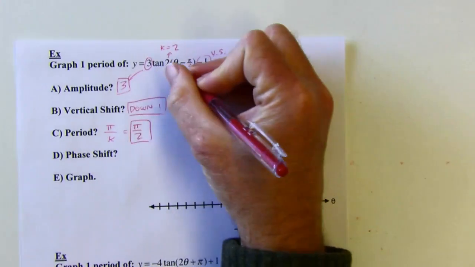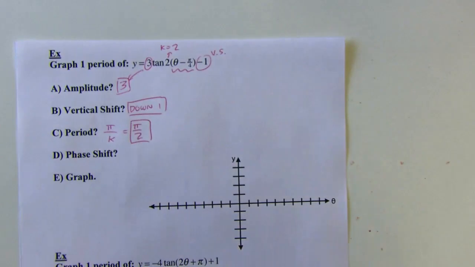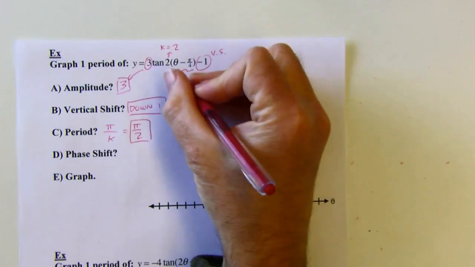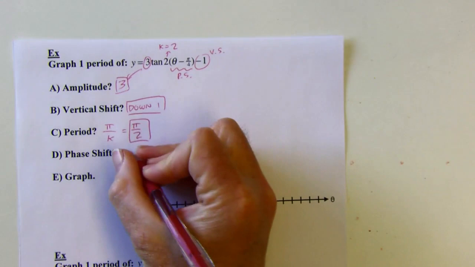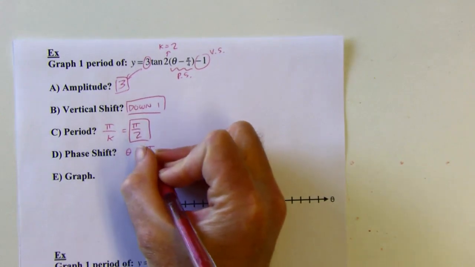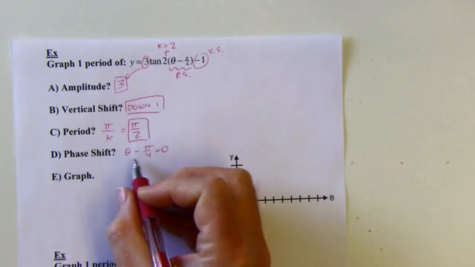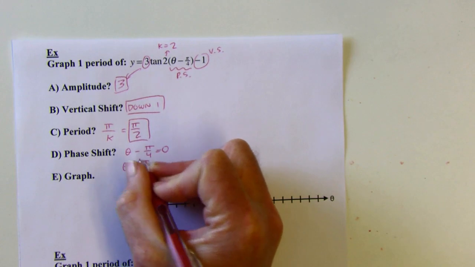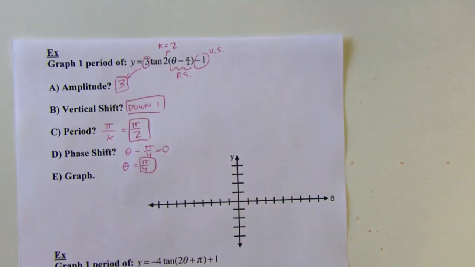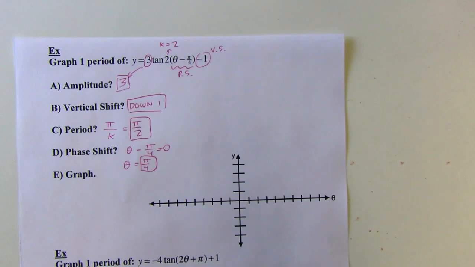Phase shift, I still take the contents of the parentheses and set it equal to 0. So I'm going to say theta minus pi over 4 equals 0. I'll add pi over 4 to both sides. So this means I'm going to be going right because my phase shift is positive. Okay, and the last thing is to graph this.